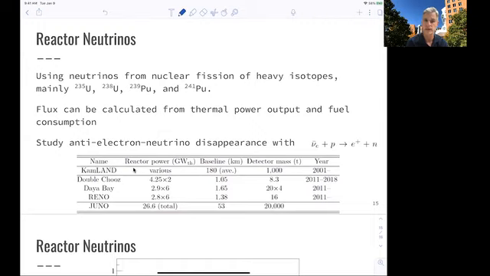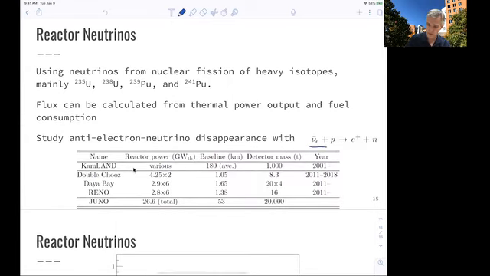What's being studied here is the anti-electron neutrino disappearance, and what you do here is use inverse beta decay, where you have a collision or scattering of an anti-electron neutrino with a proton, creating a positron and a neutron.